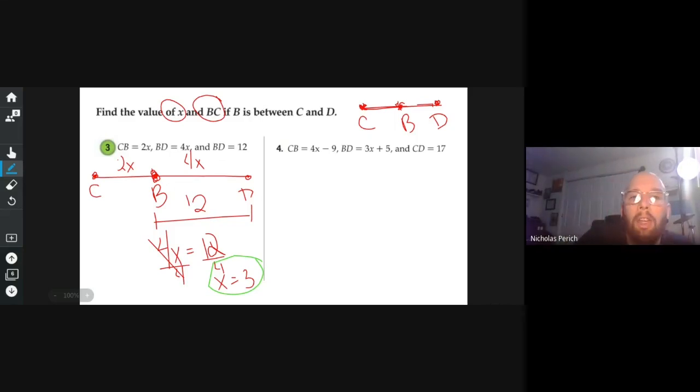So it says here that CB is 2x. So if CB is 2x, then CB is 2 times x. And I just found out that x is 3. So CB is 2 times 3, which makes CB the same as 6.